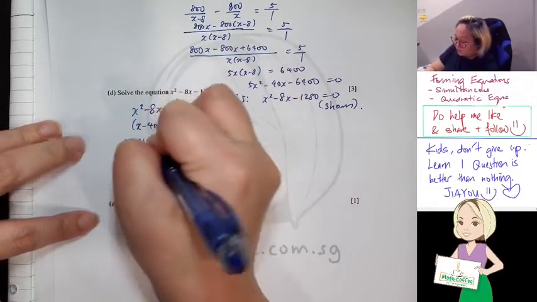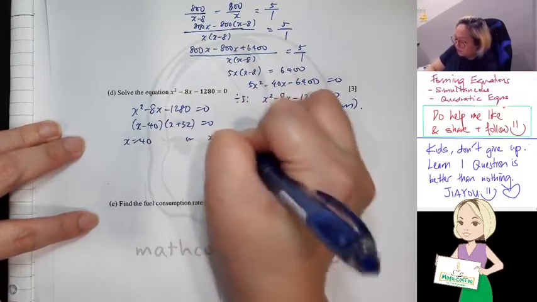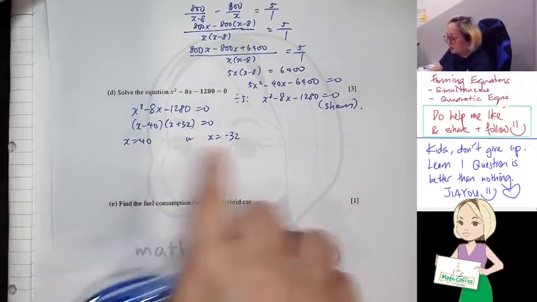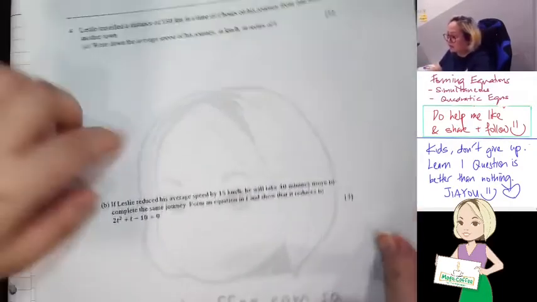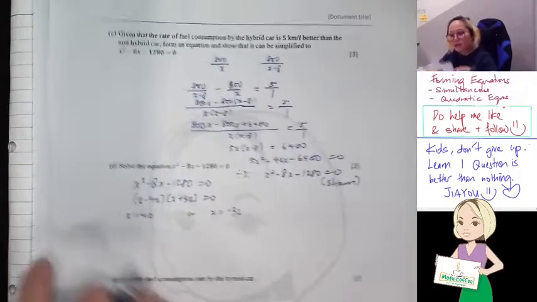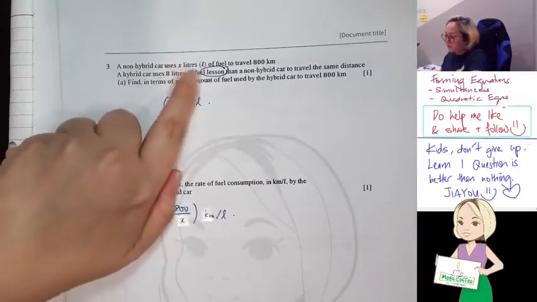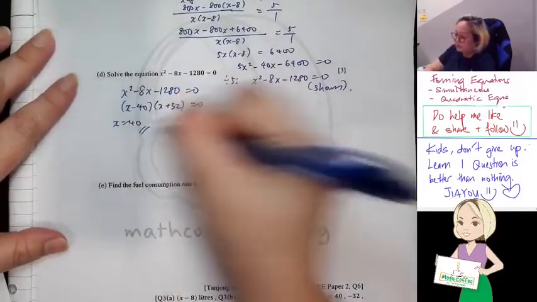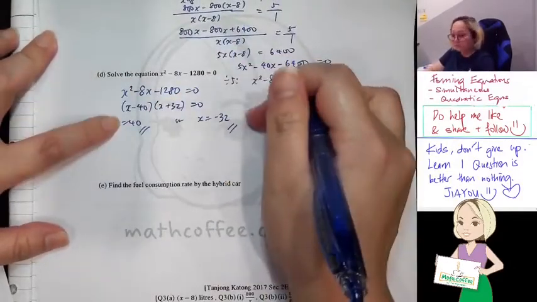So x equals 40 or x equals negative 32. Let's think back and see which one you need to reject. But again, don't reject there. My x was supposed to be the liters, the petrol, so it cannot be negative. But do not reject in part D. You accept both answers in part D.